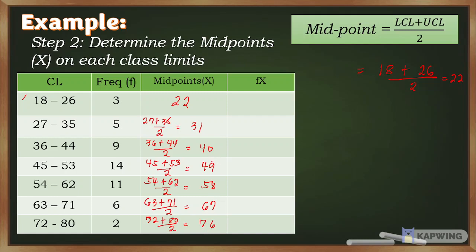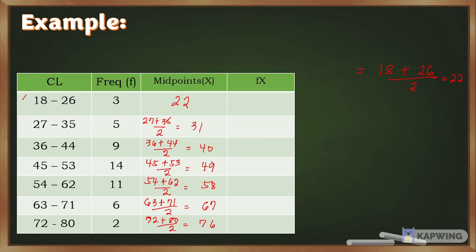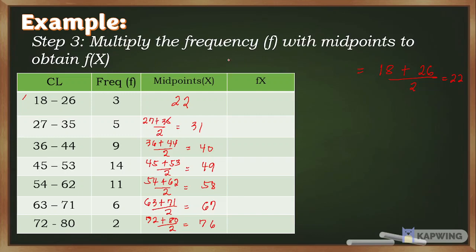For step number 3, multiply the frequency f with the midpoints to obtain fx. So, this is our f. We just multiply it by our x, and the answer will be this. 3 times 22 is equal to 66.